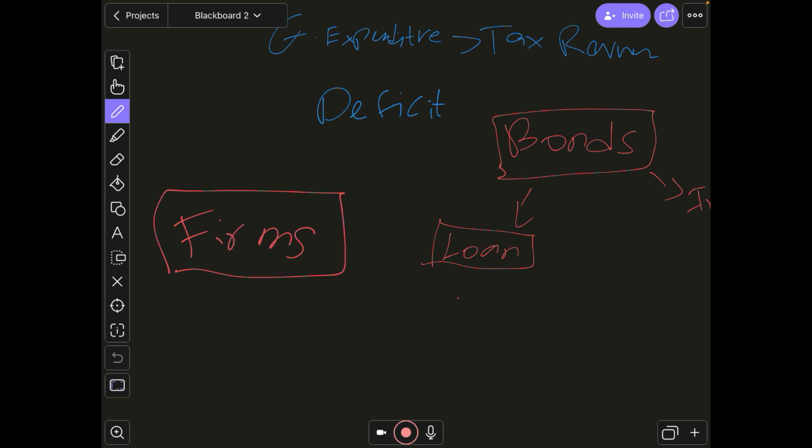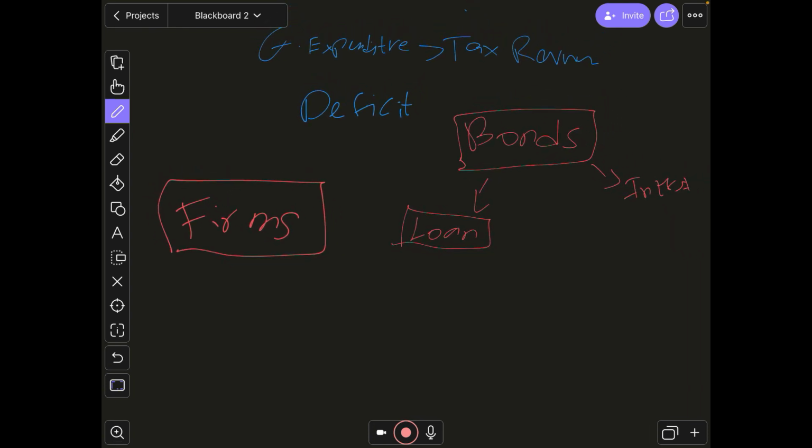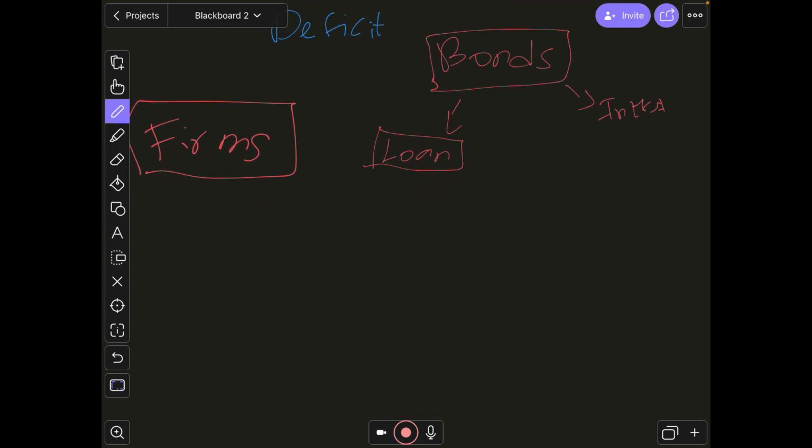And so these firms aren't really happy about this because they feel when the government competes in taking loans, this really pushes up the demand for loans, right? And so this increase in the demand for loanable funds leads to an increase in the price of such funds.